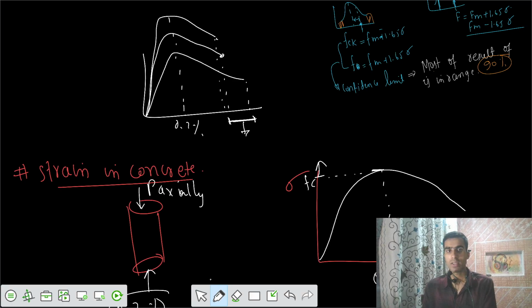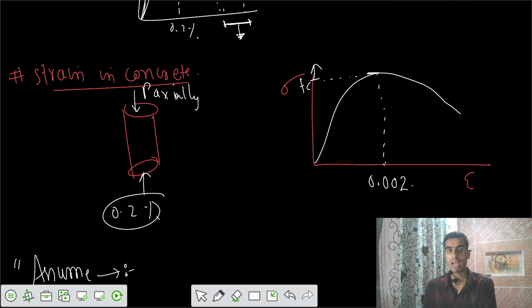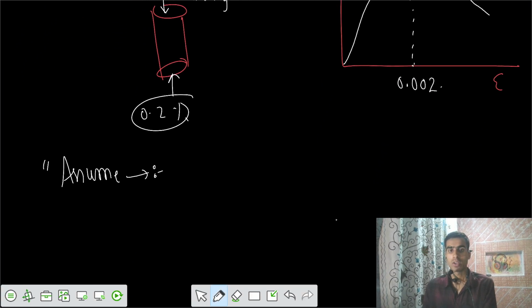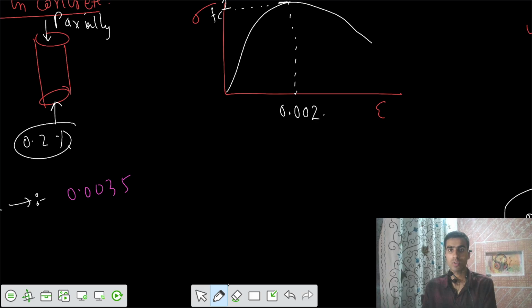Finally, for the design, we are going to assume one value of 0.0035 strain at the end.